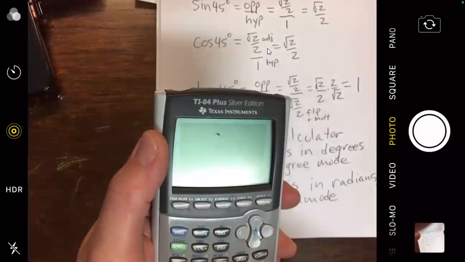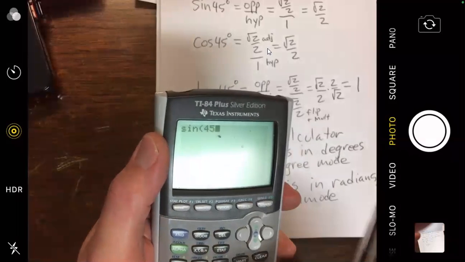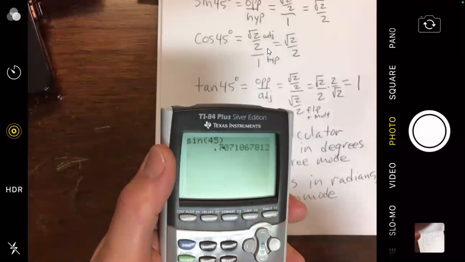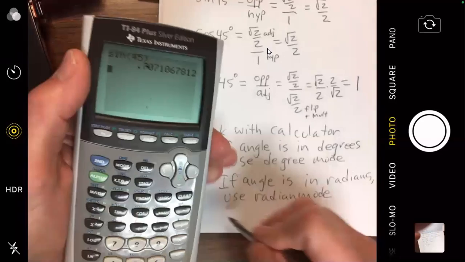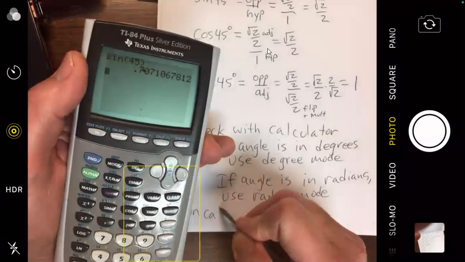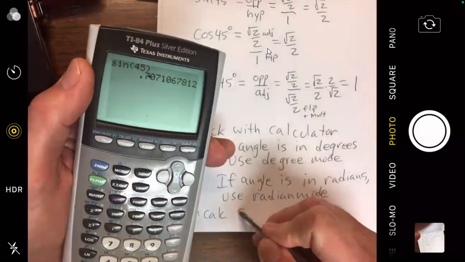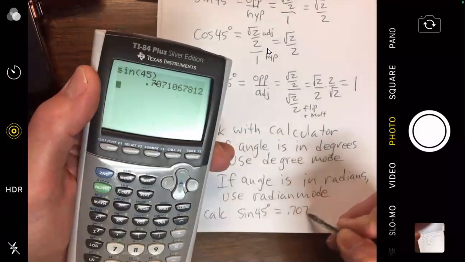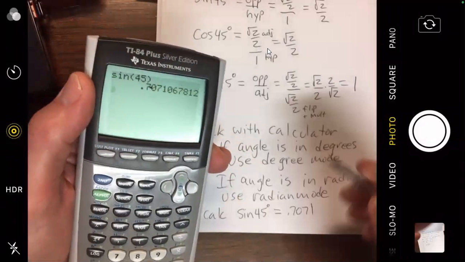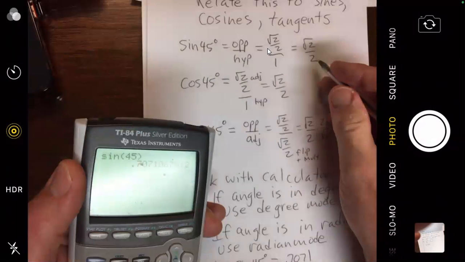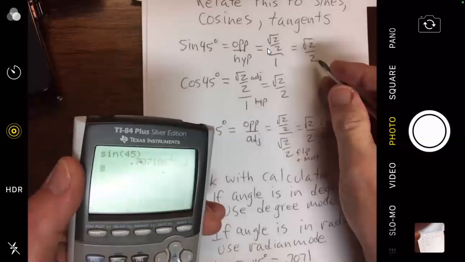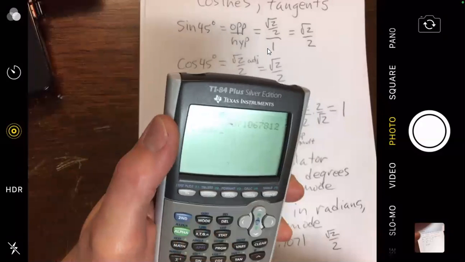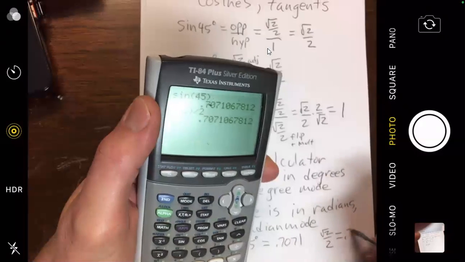Okay, so if I hit sine 45, it takes the 45 to be in degrees. Hit enter, and I get this nasty decimal. I'm getting sine of 45 degrees to be 0.7071. Well, up here I said it was root 2 over 2. Root 2 over 2, if I punch it that way, I get 0.7071.